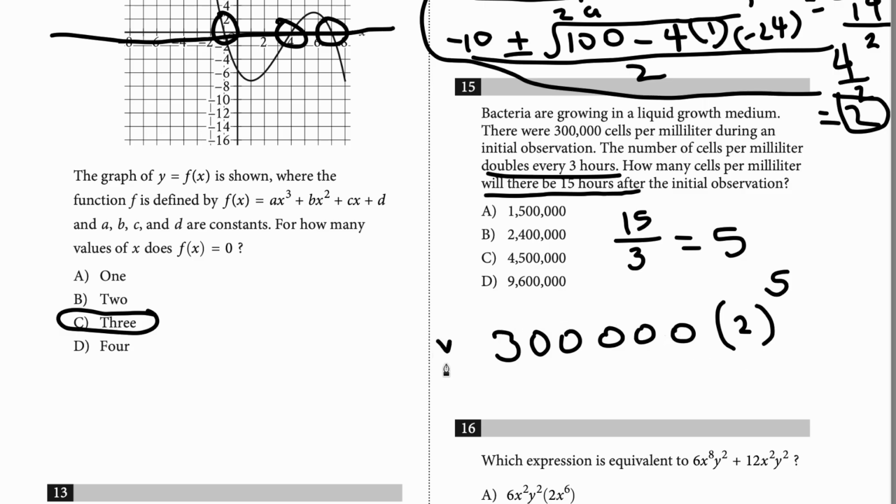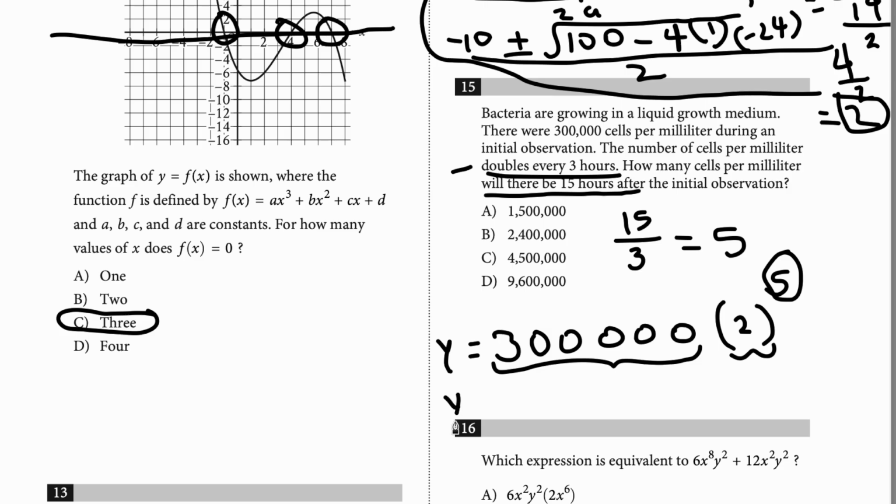This is the normal formula you would need for a lot of different problems. This would be the value of the initial observation. This would be how much it would be increasing by, and in this case it would be doubling every 3 hours. And the exponent would be how many times it would be doubling.